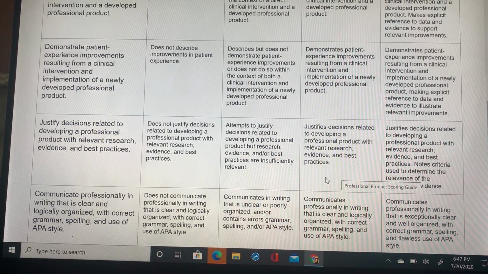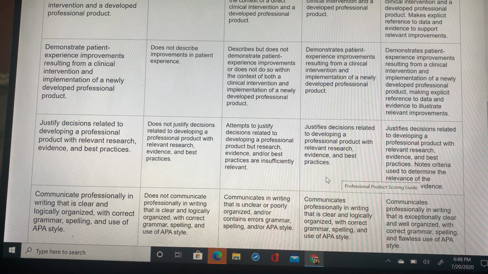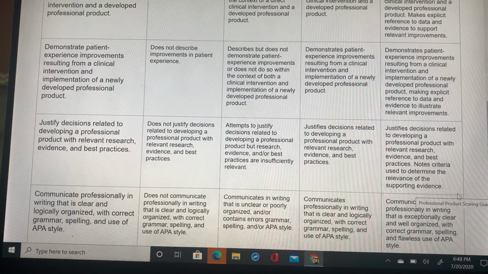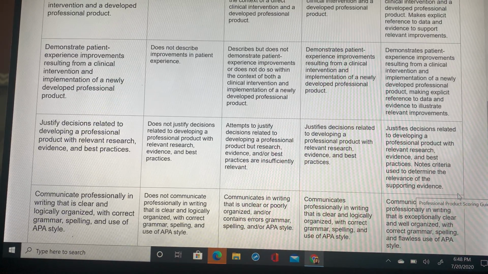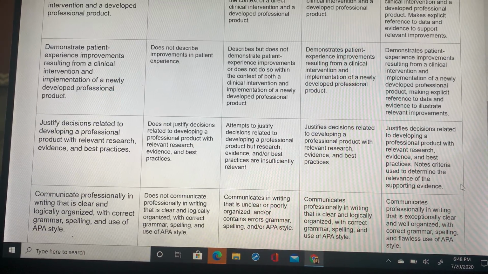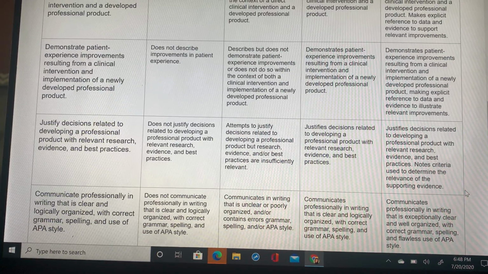Proficient justifies decisions related to developing a professional product with relevant research, evidence, and best practice. Distinguish justify decisions related to developing a professional product with relevant research, evidence, and best practices. Notes criteria used to determine the relevance of the supporting evidence.